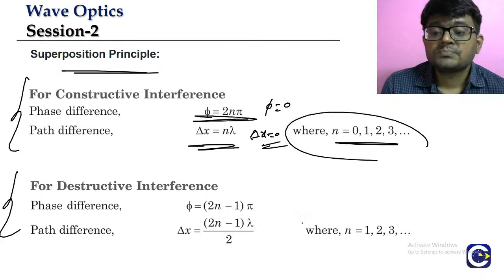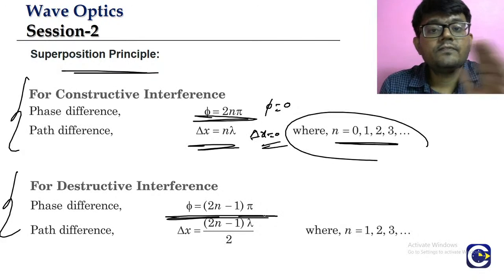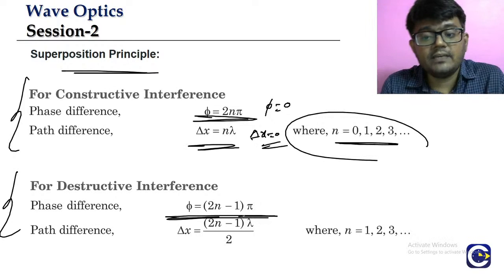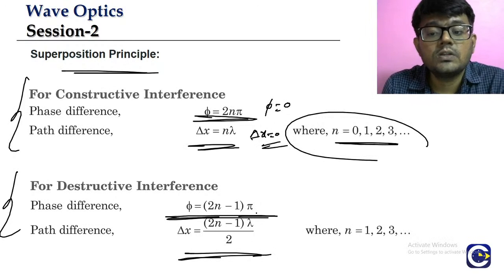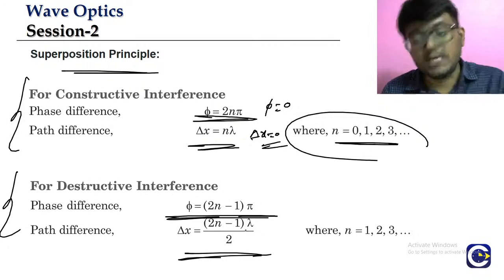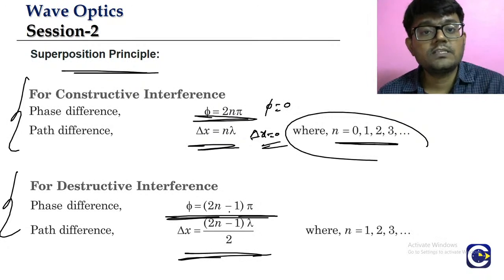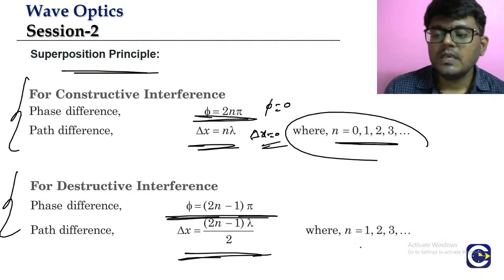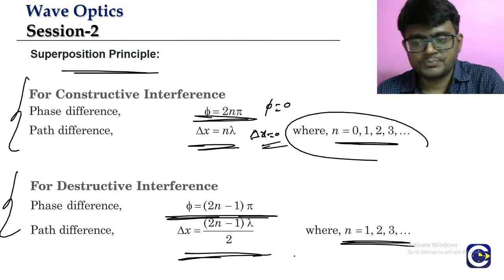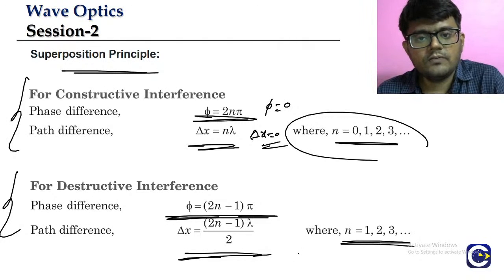For destructive, the phase difference will be 2n minus 1 into pi, and the path difference is 2n minus 1 into lambda by 2. This is an odd multiple of lambda by 2, and the phase difference is an odd multiple of pi. Here the n value will be from 1 onwards.